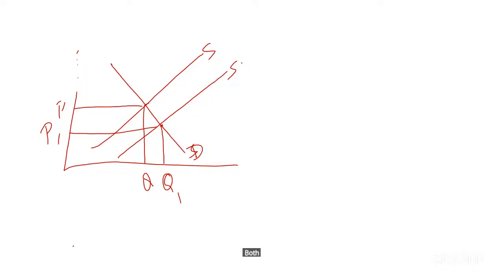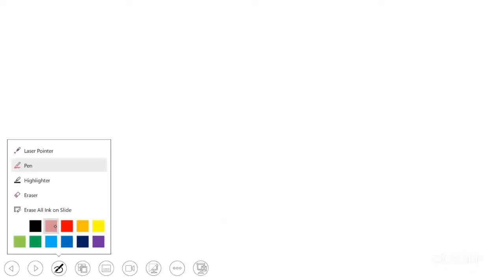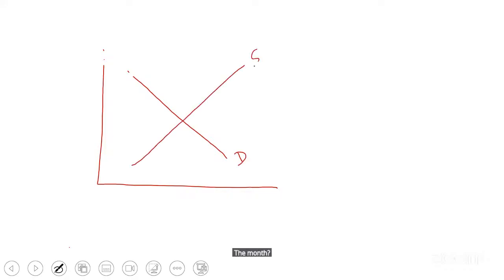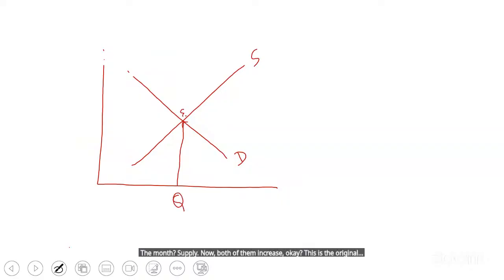Both demand and supply increase. Demand, supply. Now both of them increase. Okay, this is the original quantity, original equilibrium, original price.